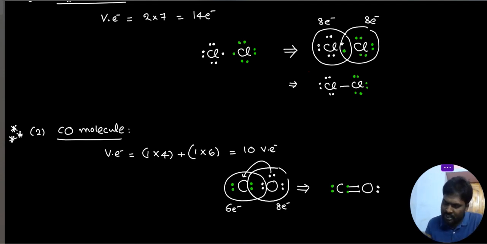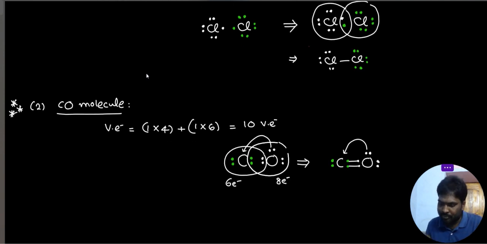Here this lone pair is donated to carbon, for obeying the octet rule. Now this lone pair is donated to carbon. Understood? Now we can write a dative bond.